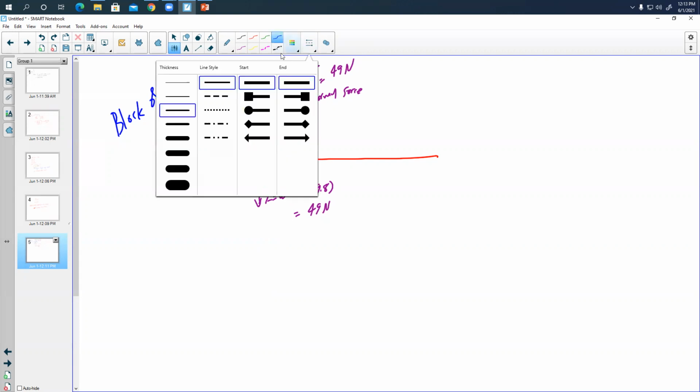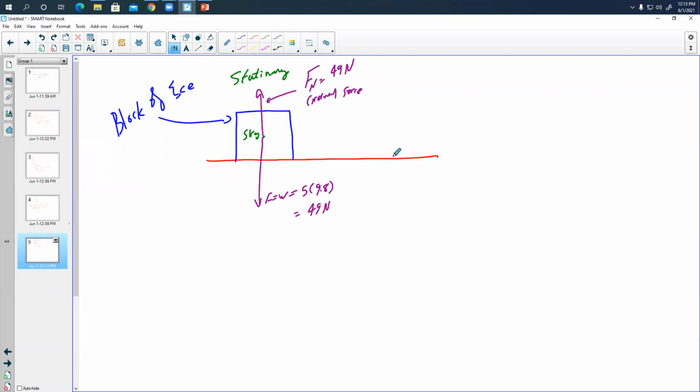Now, let's say we have the same block moving at a constant velocity. That means, again, you've got your weight going down, and your normal force, again, it's the same block, 5 kilograms, but then it's going this way at 5 meters per second. Okay.